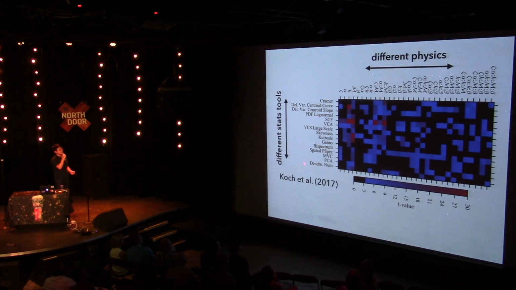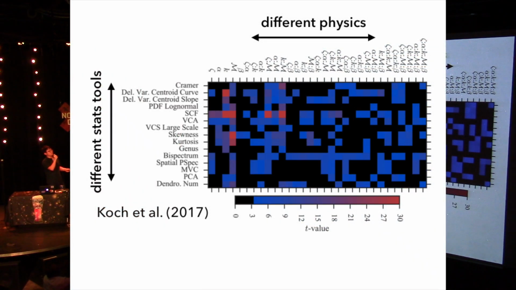And then last but not least, besides the many types of physics that you can put into simulations, you can actually use various kinds of numerical algorithms to analyze which algorithms might be more sensitive to one physics than the others.